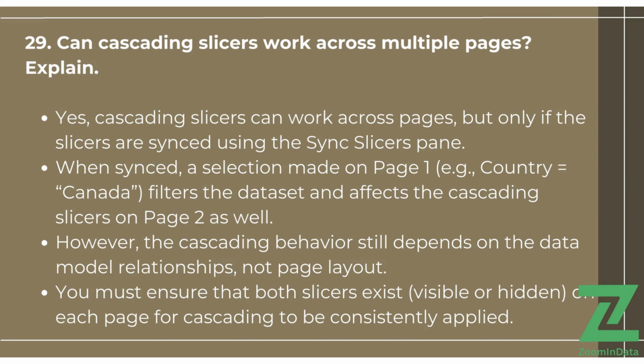However, the cascading behavior still depends on the data model relationships, not page layout. You must ensure that both slicers exist, visible or hidden, on each page for cascading to be consistently applied.